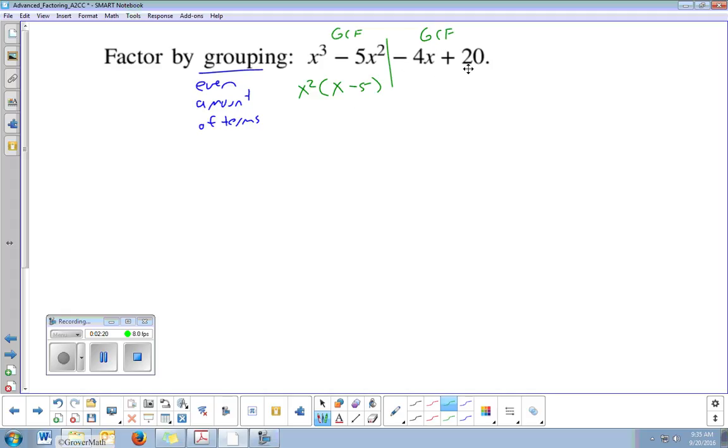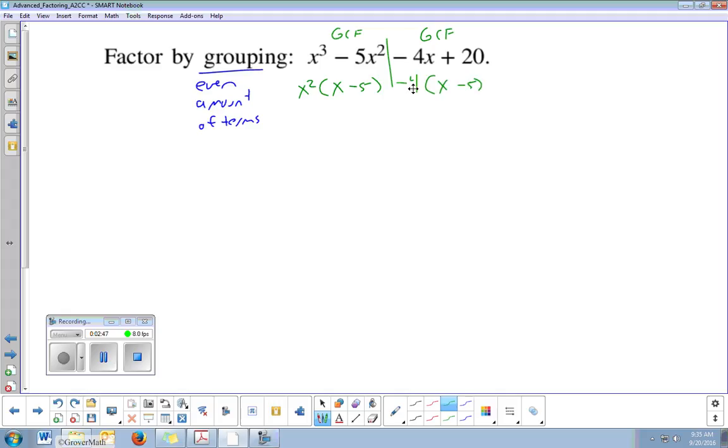Now the GCF on the right side, a tip that I'm going to tell you is whatever the sign is of the first term on the right side, that's the sign you want to take out with your GCF. Because I see here I could take out a 4 or a negative 4. Both of these are divisible by 4 and negative 4. It's going to be better if I take out a negative 4. And I know that because that's the first sign that I see. And what's left over is a quotient of x minus 5.